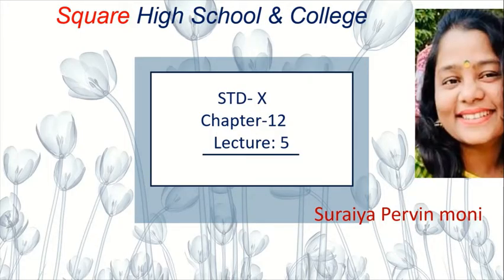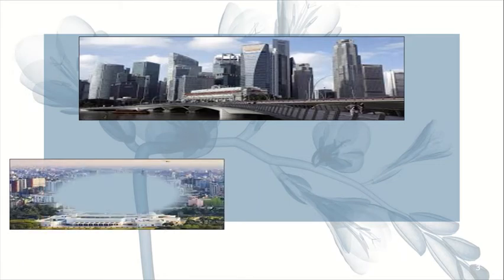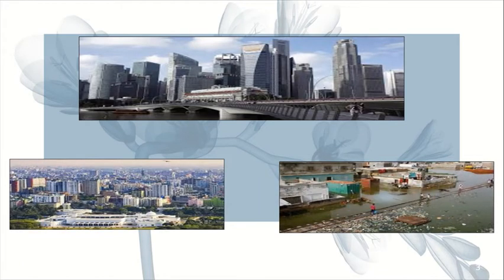Today chapter 12 lecture 5. At first we will see some pictures. So this is the picture of developed country.